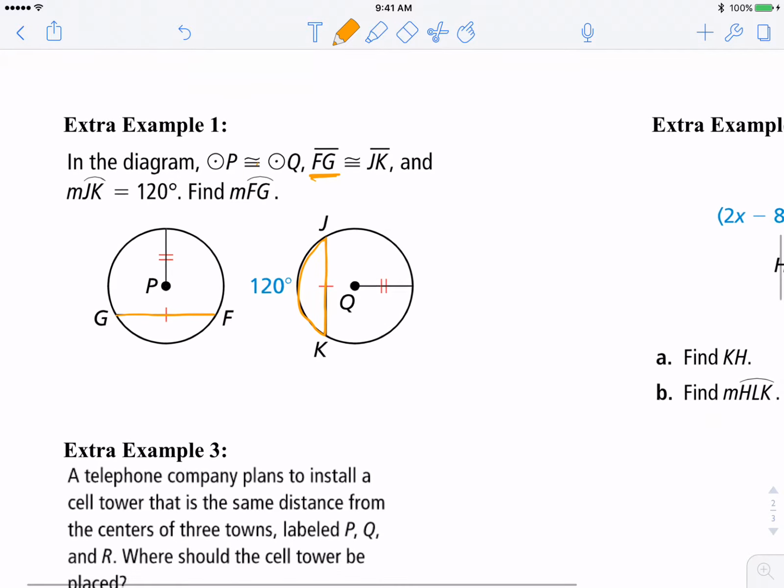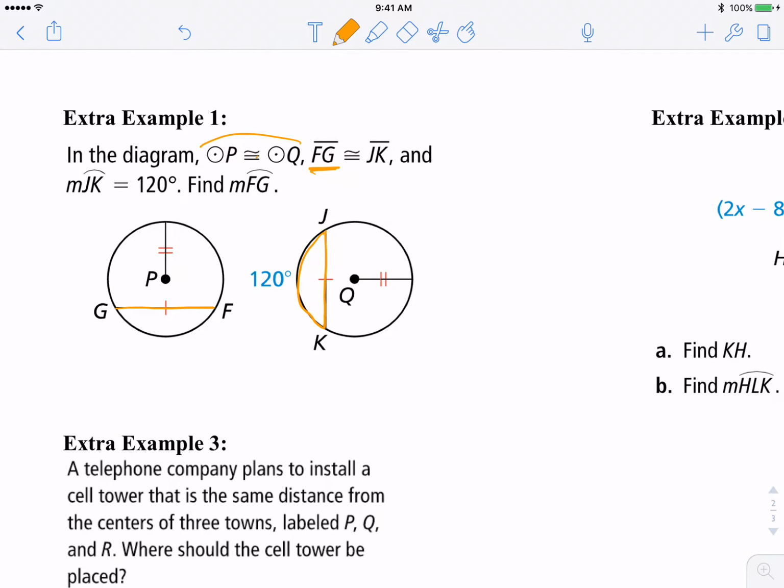Since we have congruent circles and congruent chords, I know the arcs are also congruent. So arc JK is congruent to arc GF, which means their measures are the same. That tells me the measure of arc GF is also 120 degrees.